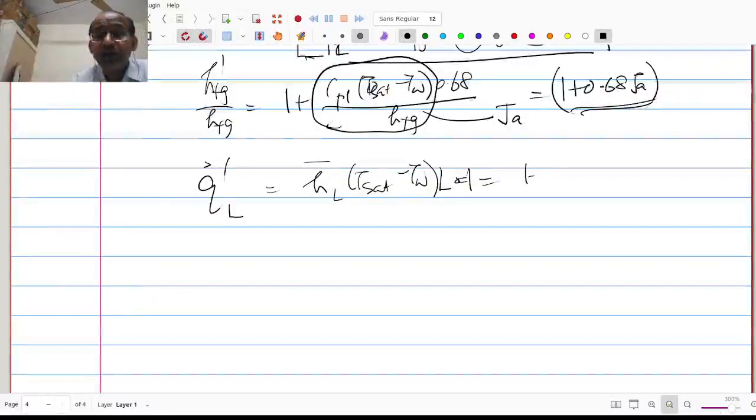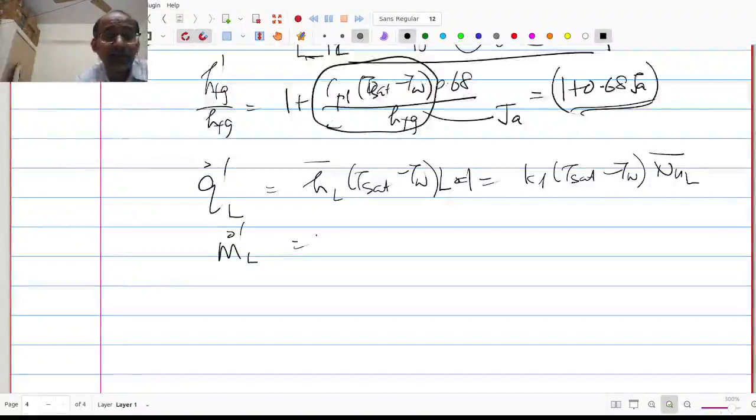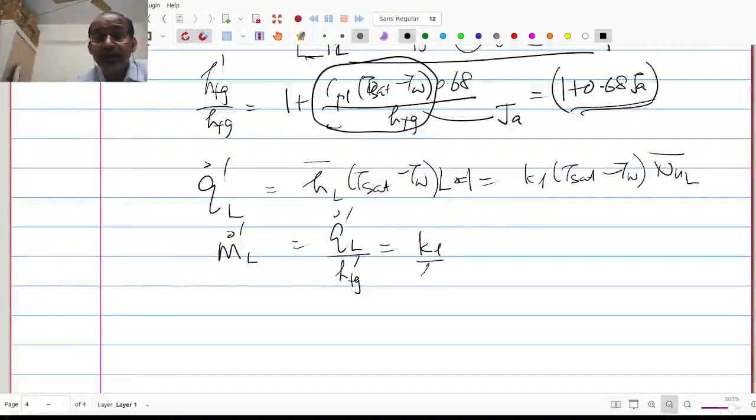So it is equal to KL into Tsat minus Twall into Nu bar L. And similarly, m dot prime at L, which is the mass flow rate per unit width, you can write from the energy balance as Q dot prime L divided by HFG prime. So this is KL by HFG prime into Tsat minus Twall into Nu L.